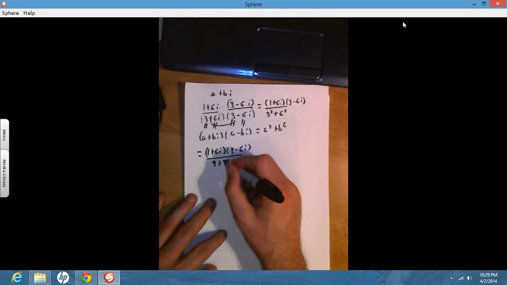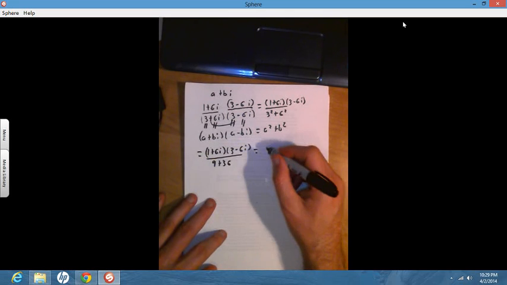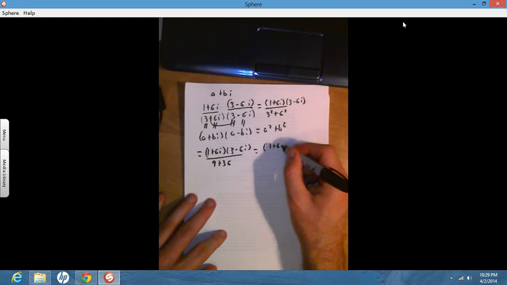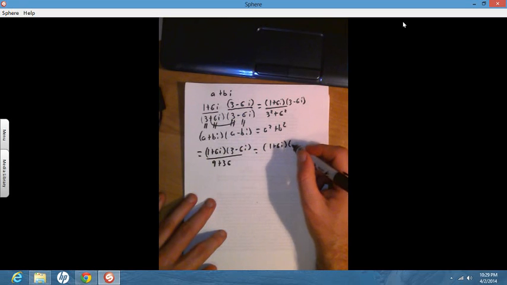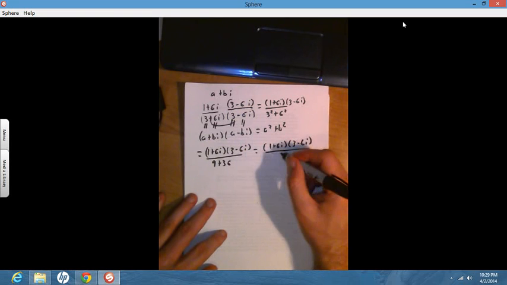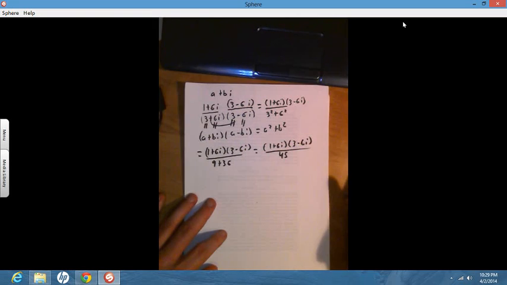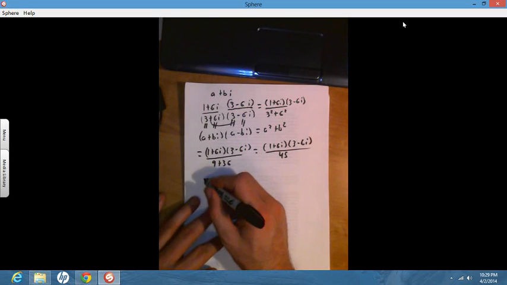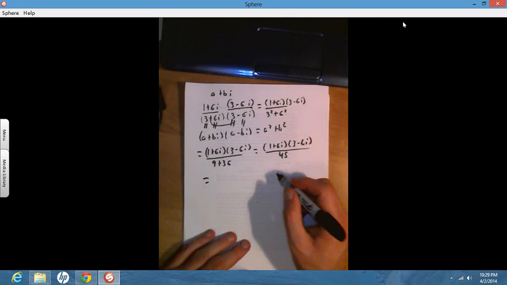And what do we have on bottom? We have a 45, because 9 plus 36 is 45. All right. So where do we go from here? Well, let's multiply the top out now. We made a great accomplishment here. We got rid of the i in the denominator.